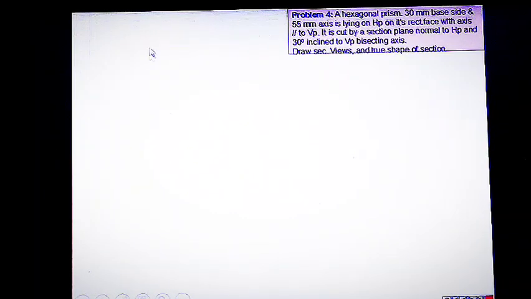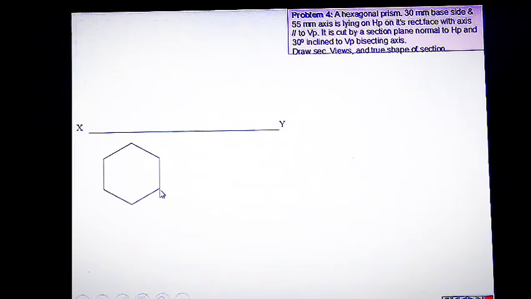So first of all, you have to draw the plan and elevation. While drawing this plan, we have to keep in mind that the solid is resting on one of the rectangular faces on the horizontal plane. So for that rectangular face, one side should be perpendicular to the XY line while drawing the plan of the solid.